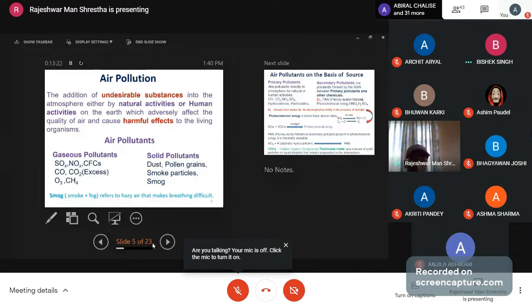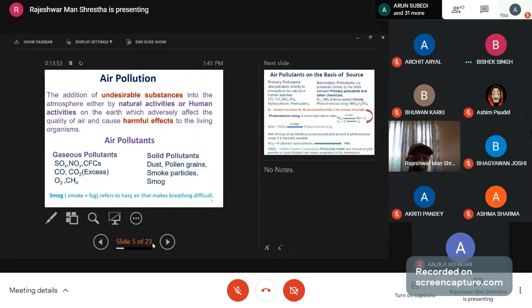So in this way, unwanted materials released by natural activities and human activities, when present, cause adverse effects on human beings and plants, and also change the quality of air. And if the air has changed quality, then when we breathe this air, it will cause harmful effects to living things that include animals and plants.